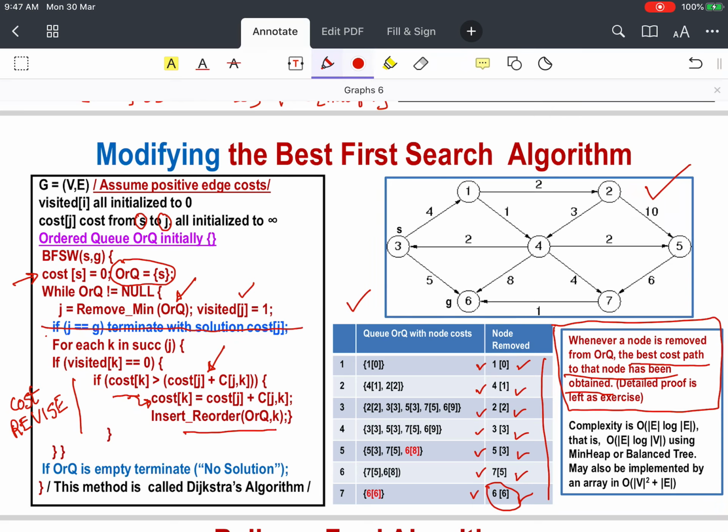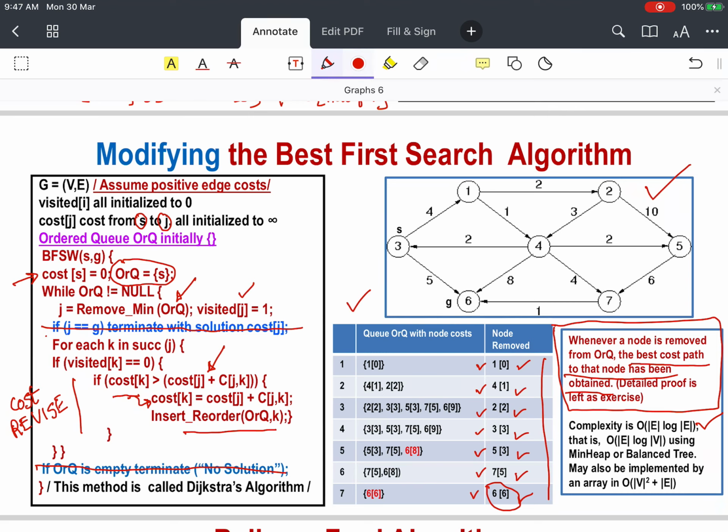So we remove this step in the algorithm and we remove this step in the algorithm. If we remove these two steps, then this best first search algorithm, given a single start node, will find the shortest cost path from that node to all other nodes in the same complexity.